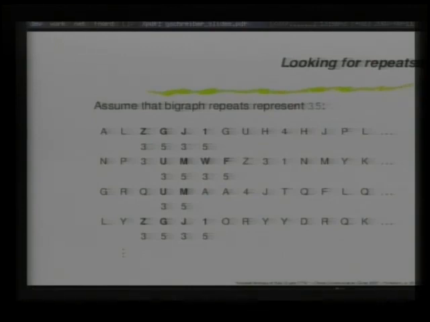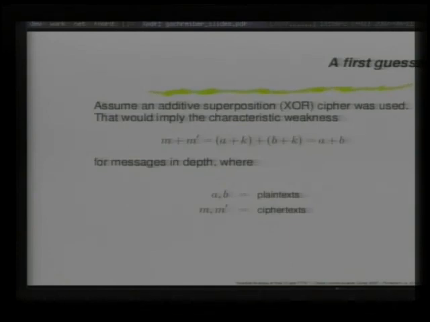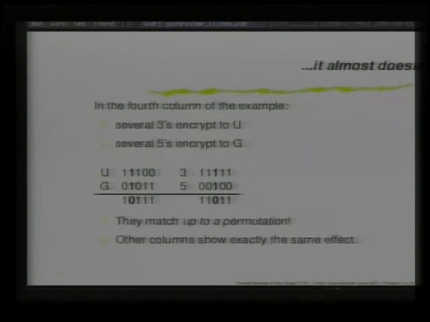You know, because of this characteristic, that if you add the U and the G, the ciphertexts, and you add the 3 and the 5, the plain texts, then you should get the same thing, right? That's what we're checking here. We take the U and the G and get this, and we take the 3 and the 5 and get this, which is almost the same, just that it's permuted somehow.